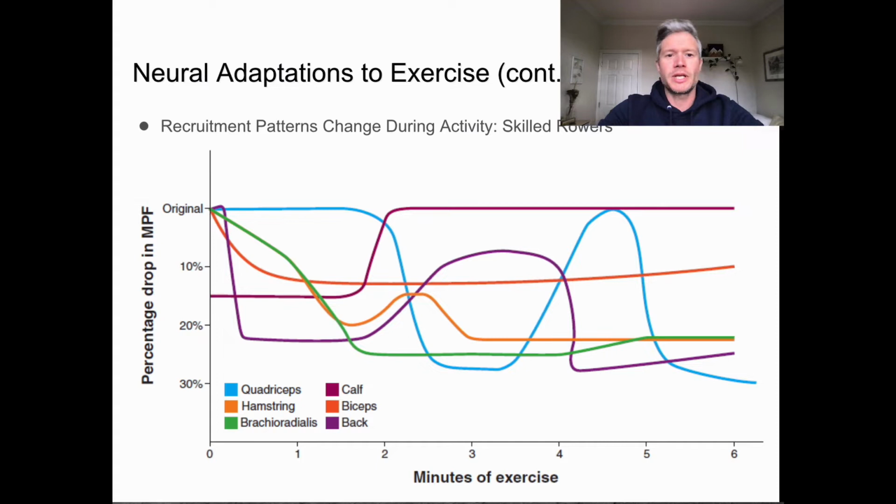And so here we'll look at a slightly different set of how our nervous system will recruit muscle or be trained. And what we'll be doing is looking at skilled rowers versus unskilled rowers. So what this looks like is the way in which people's bodies will recruit different muscle groups.